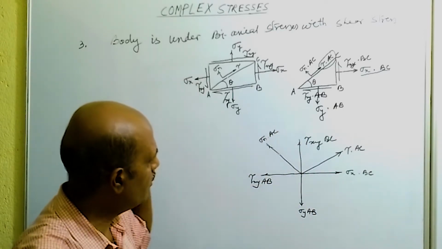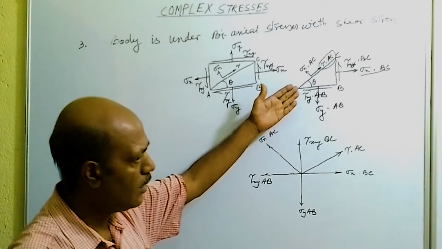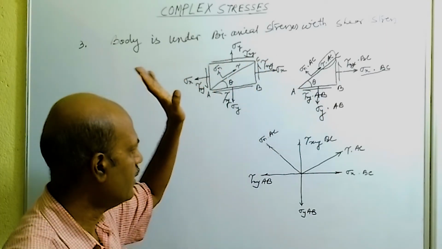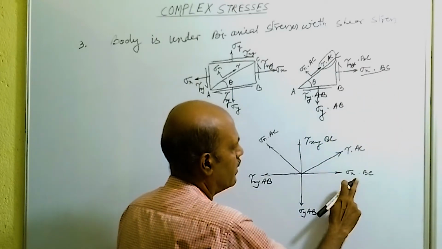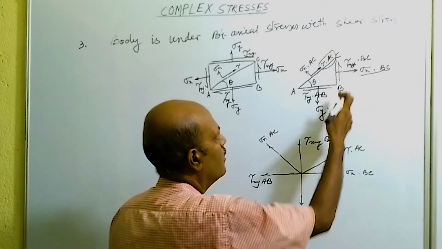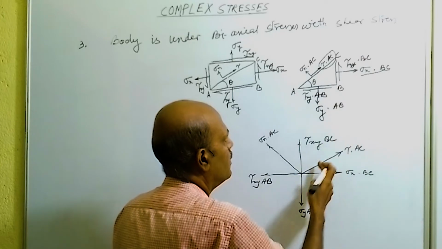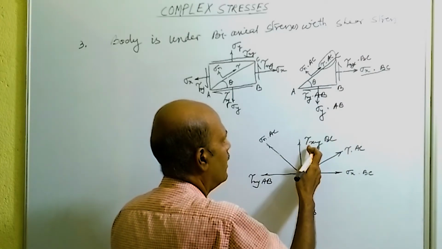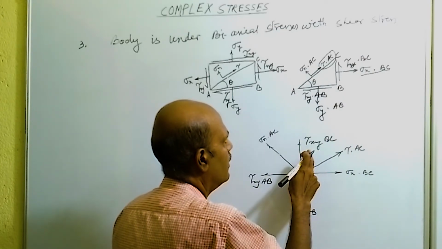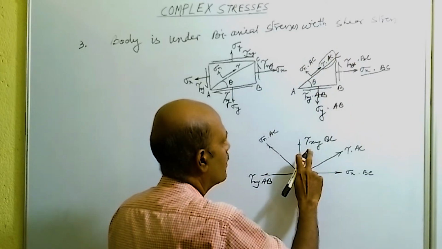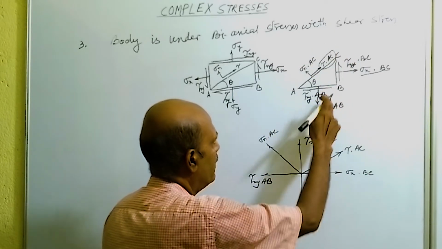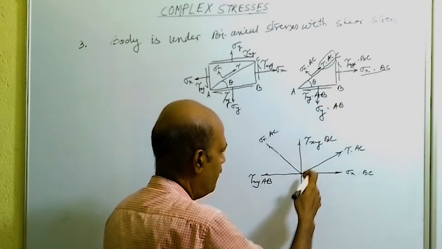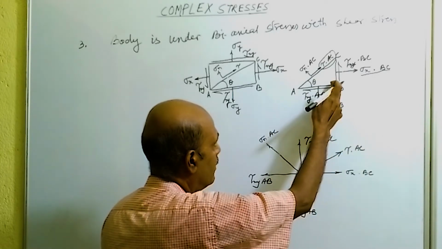So in this vector diagram total 6 number of forces are acting. Sigma x into BC, it is acting in rightward direction. Tau xy into BC, it is acting along y direction in upward sense. On y face, sigma y into AB, it is acting in downward direction.